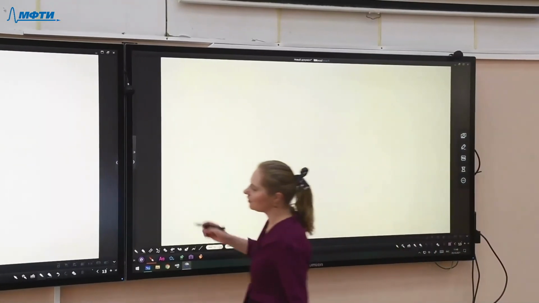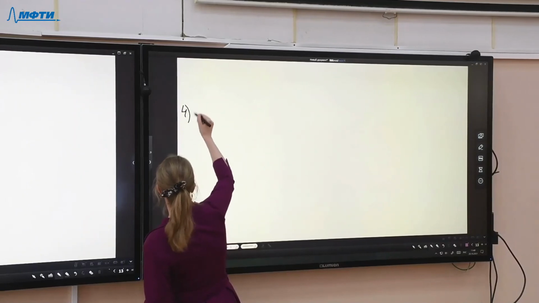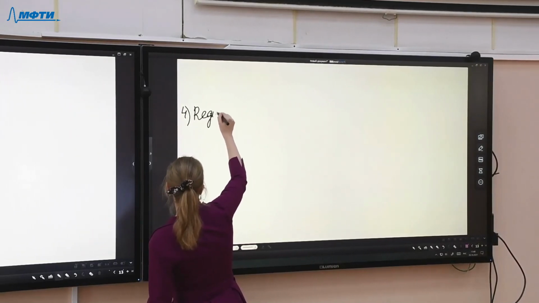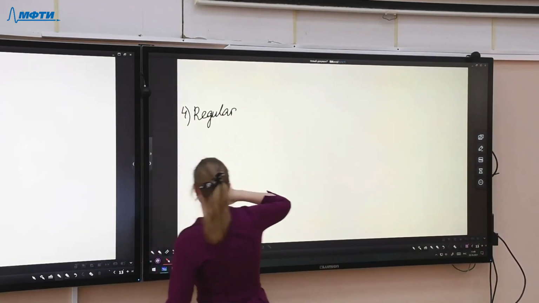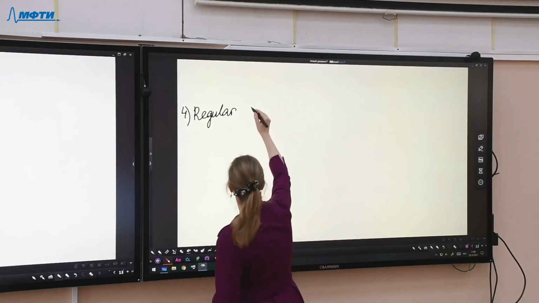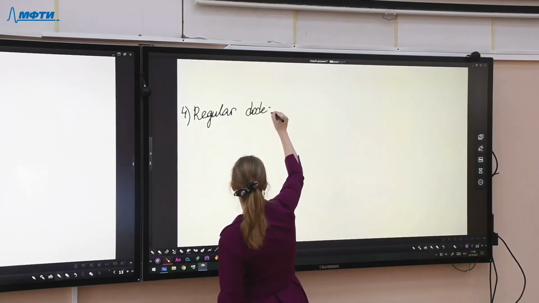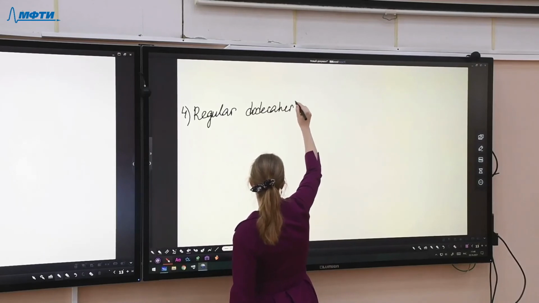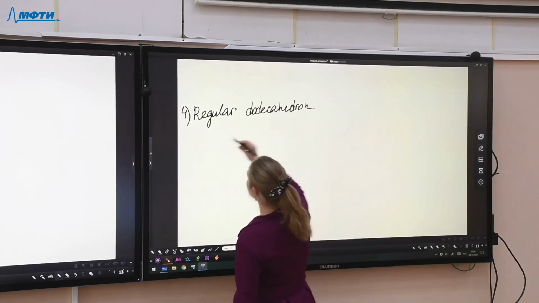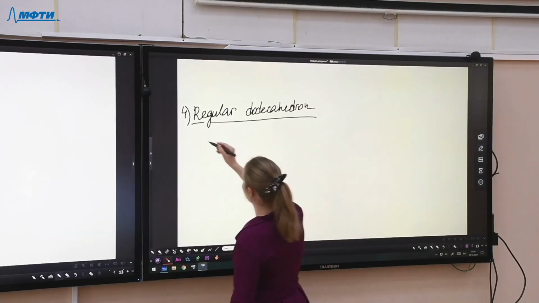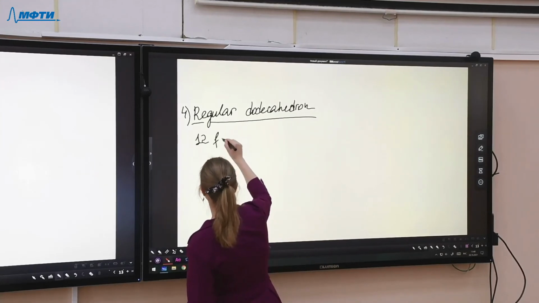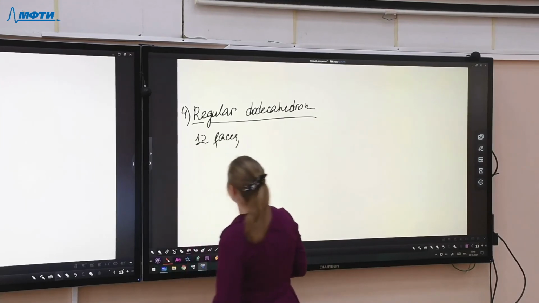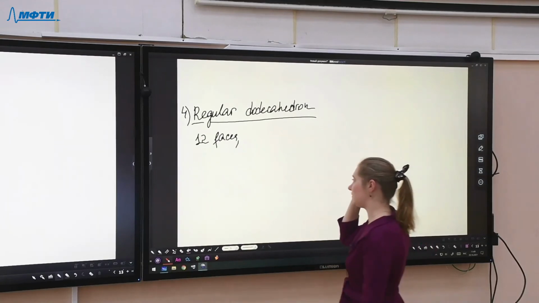Then the fourth case, regular dodecahedron. Here we have 12 faces, and each face is a regular pentagon.